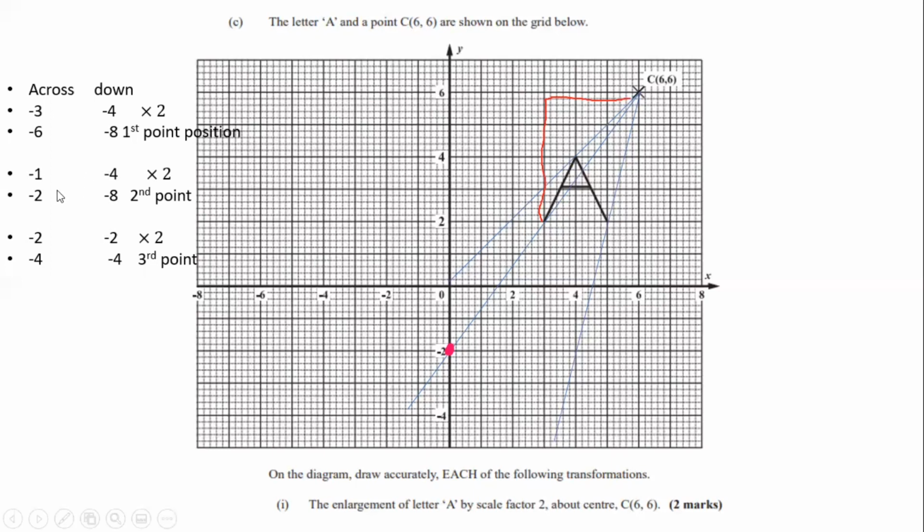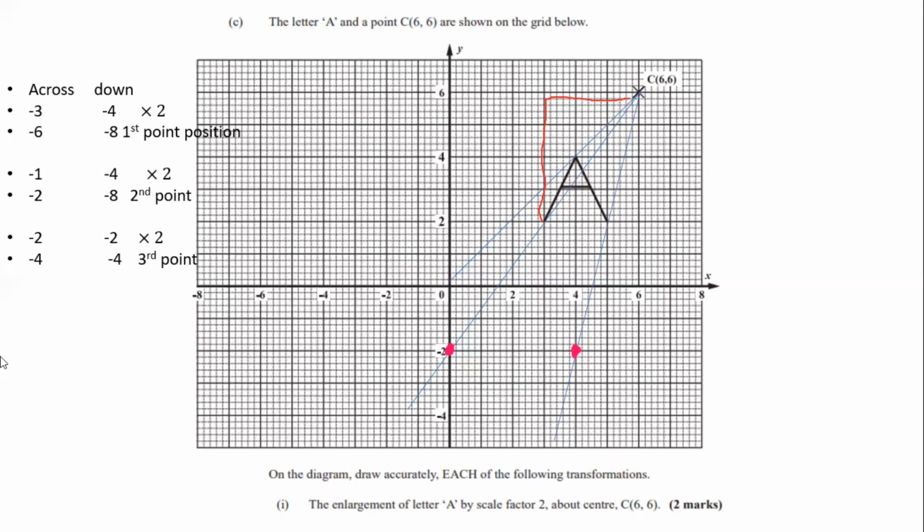For the second point, which is -2, -8, it will be 2 across, so 1, 2, and 8 down, which is 1, 2, 3, 4, 5, 6, 7, 8. So this is where our second point will be, which now reads as 4, negative 2 in terms of coordinates.